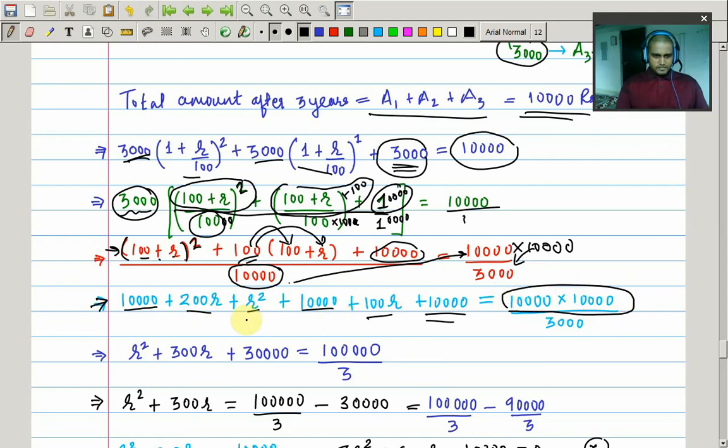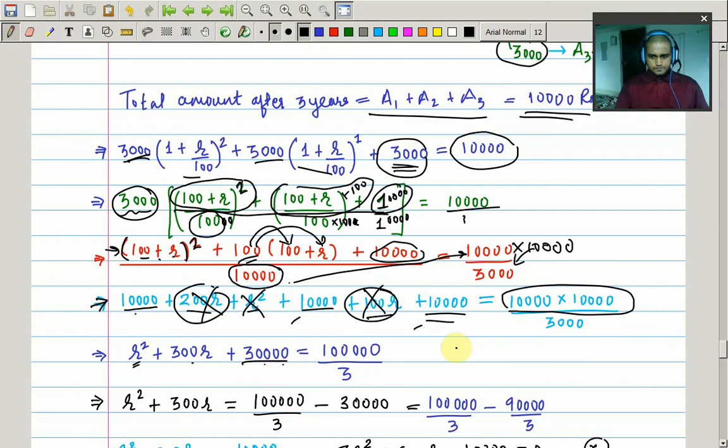Now let's simplify this. R square as it is. This thing I have written 300R, since 200R plus 100R is 300R. So this is also gone. And 10,000 plus 10,000 plus 10,000 is 30,000.